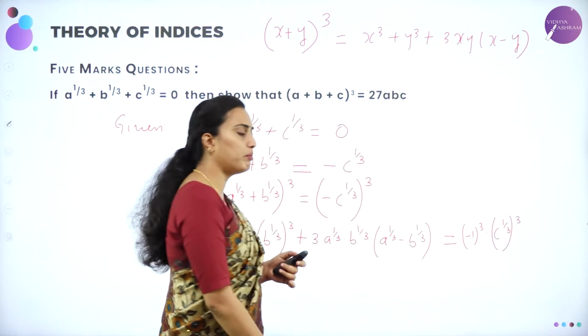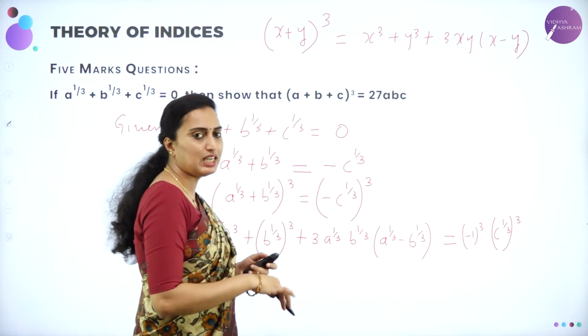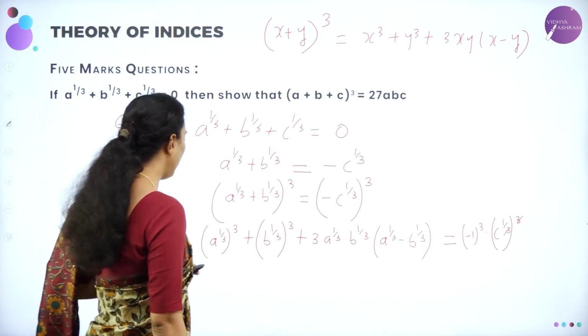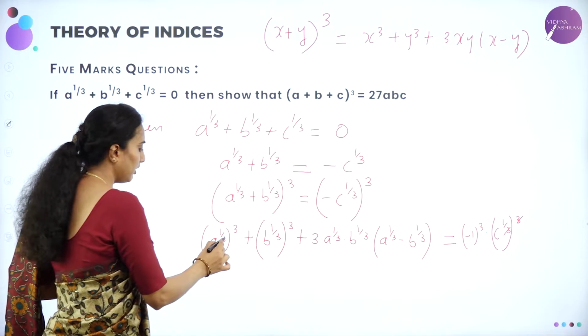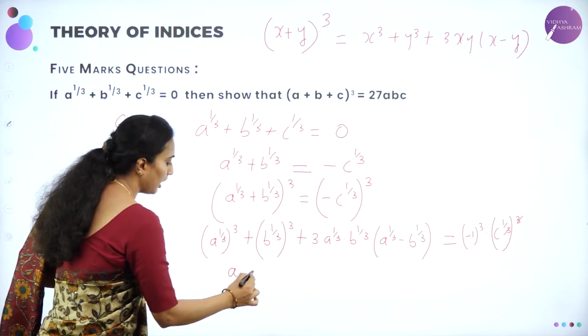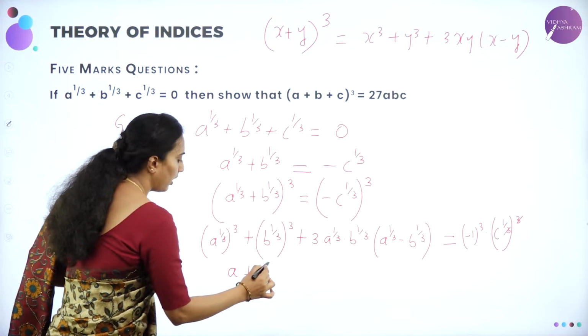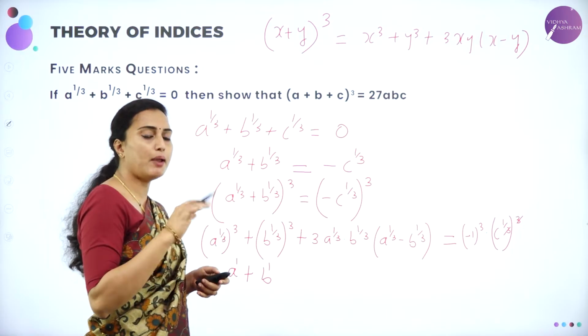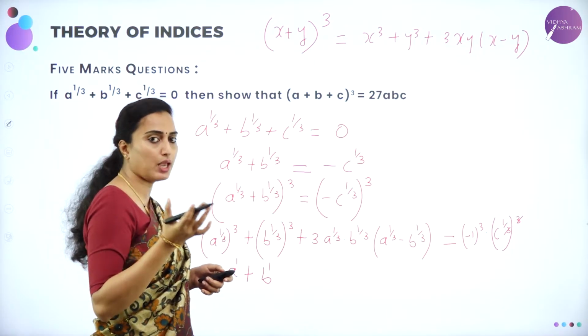What is C power 1 by 3 whole power 3? C, because the 3 will get cancelled, isn't it? So therefore here again 3 will get cancelled. You are going to have A power 1, which is A, plus B power 1, I am going to write if you want, because A power m whole power n can be written as A power mn, correct?